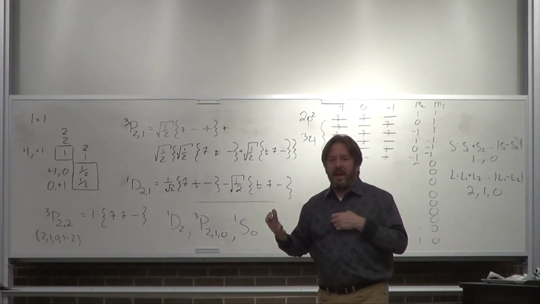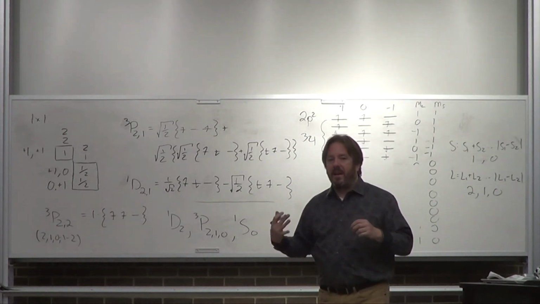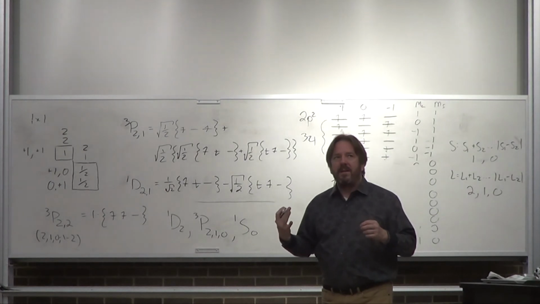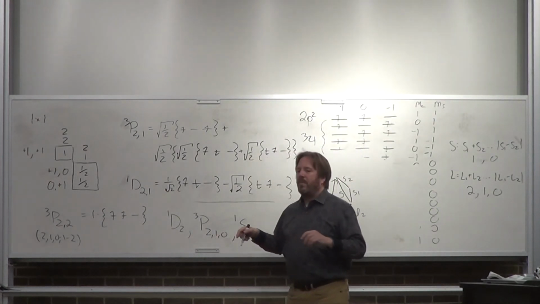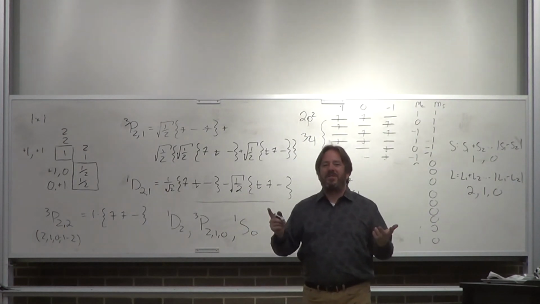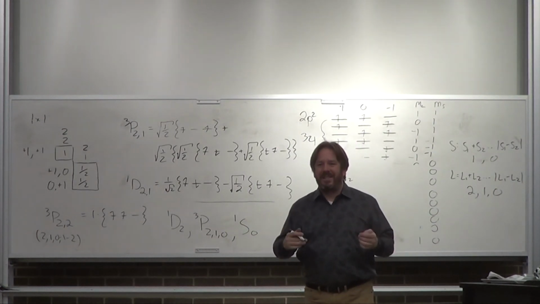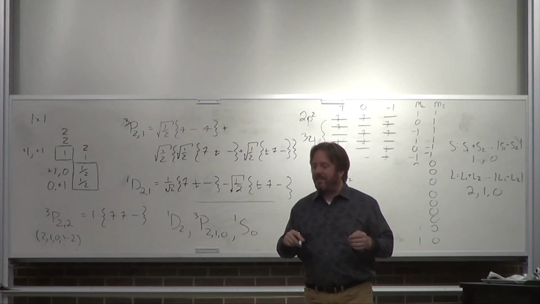The Hamiltonian is L·S, which is J squared minus L squared minus S squared. So the lowest J is going to be the lowest energy state. Oh, that's where that comes from. It's the spin-orbit coupling that does that.